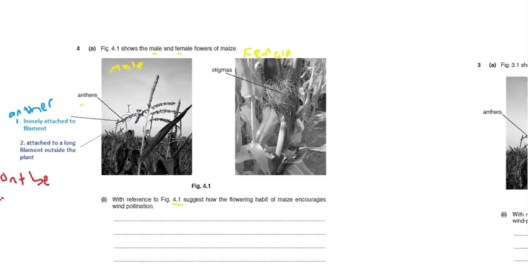We can't see the detailed version of this question, I mean, here we can't zoom in, but normally, as we have been told, the anther is above the leaves. So these are the 3 points about anther.